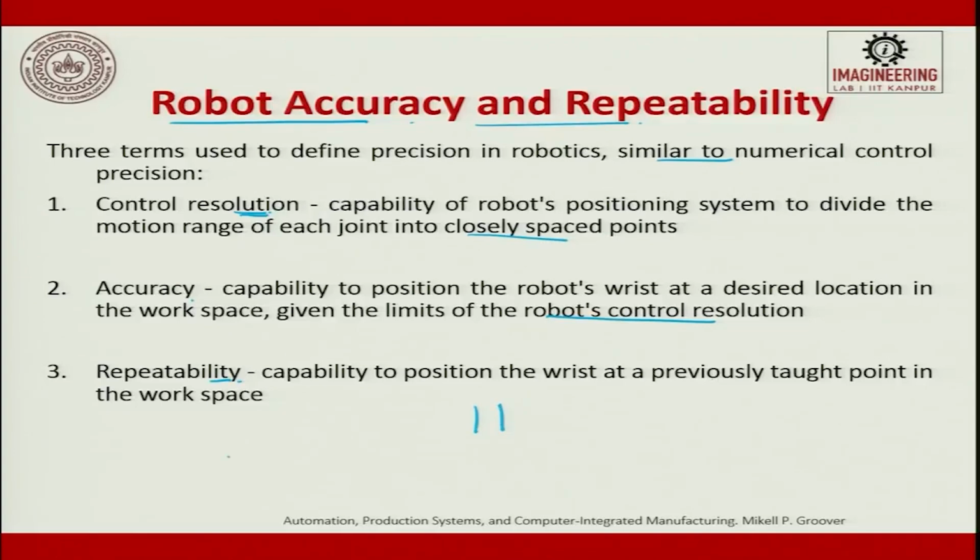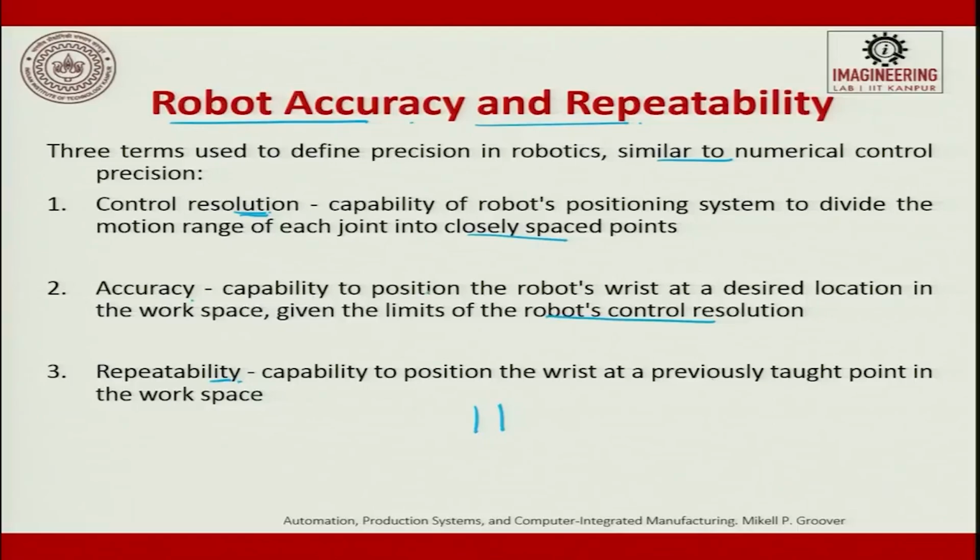So, these are three important terminologies which are very similar to that of numerical control: control resolution, accuracy, repeatability. Repeatedly I go to a place, that is repeatability. How close I go to the set target is resolution.